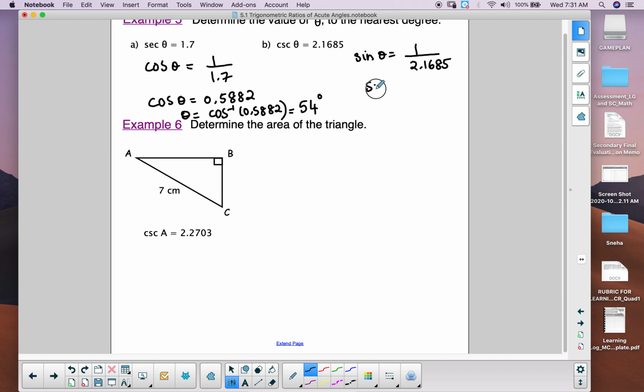So on my calculator, 1 divided by 2.1685, I get 0.4611. So my angle theta will be sine inverse of 0.4611. And that works out to 24.46. I don't want decimals in my answers. So to the nearest degree theta is 24 degrees.